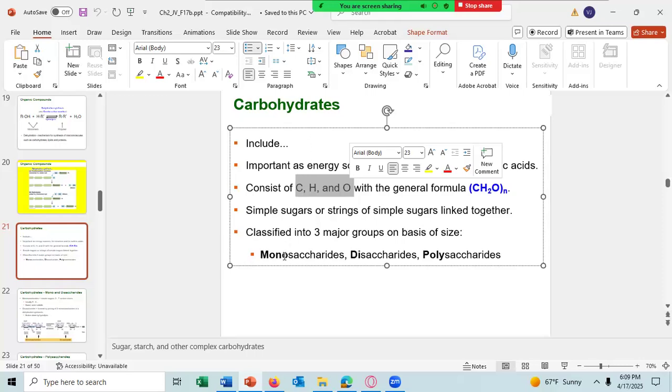You can then link two monosaccharides together to get a disaccharide. Table sugar, which is sucrose, is a disaccharide, and it is formed by combining glucose with fructose to make the disaccharide sucrose.